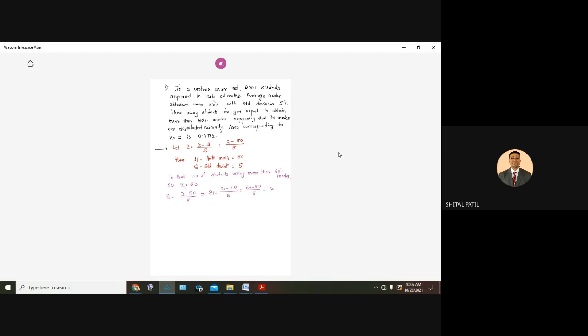Now understand the next statement, very important. Hope you have written up to this step. Complete everything, and understand how z equal to 2 is obtained.